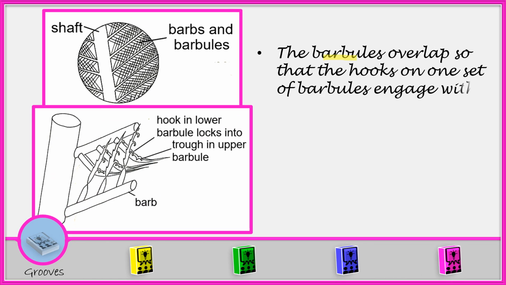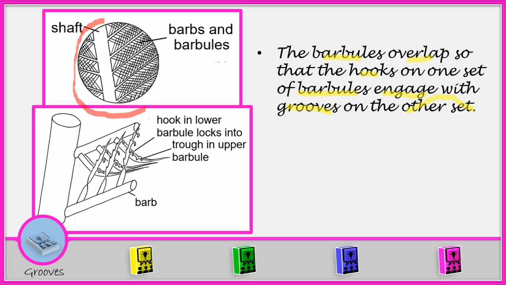The barbules overlap so that the hooks on one set of barbules engage with the groove of the other set. So when we look back here on our enlarged shaft, you will see that you have the shaft and then you have the barb.